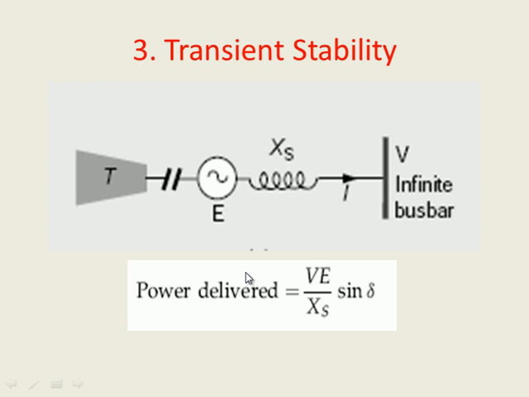Also, the rotor swings are quite slow as they are mechanical in nature. Obviously, the oscillations are mechanical, and the source is the rotor. So the time period of transient stability is from a few milliseconds to 1 minute in most of the cases.